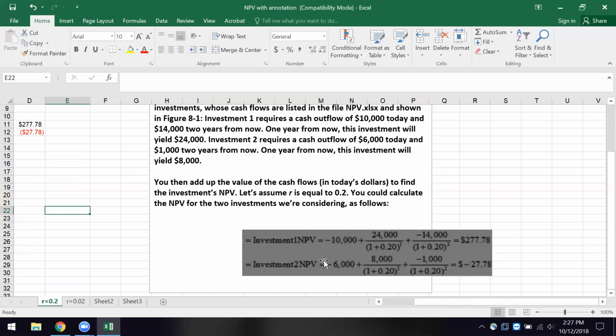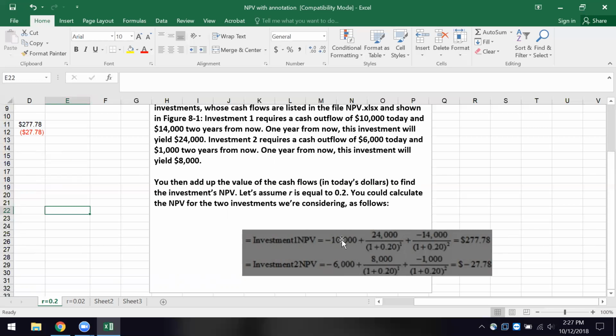Now notice down here, this is the second scenario. Our initial outlay is 6,000. We add that to the 8,000 we get in year one. We add in the cash outflow in year two, and we come up with 27.78.